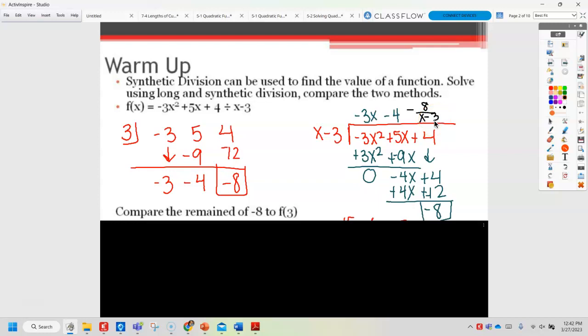You would have had one less than the original, so your answer would have been -3x minus 4 minus 8 over x minus 3. So that is what we did in lesson 6-2, where we divided polynomials by other polynomials.